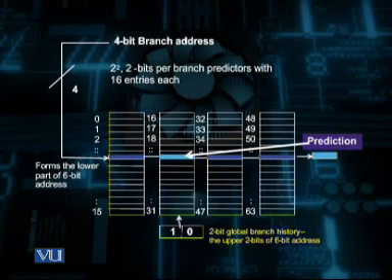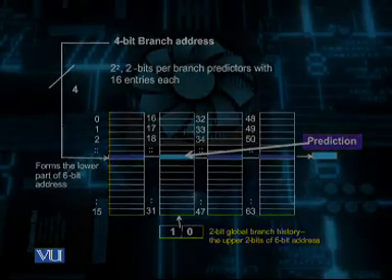Indexing is done by concatenation of 4 lower order address bits of the branch word address and 2 global bits to form a 6-bit address to select a 2-bit prediction for 64 entries in 4 buffers, each of 16 entries.